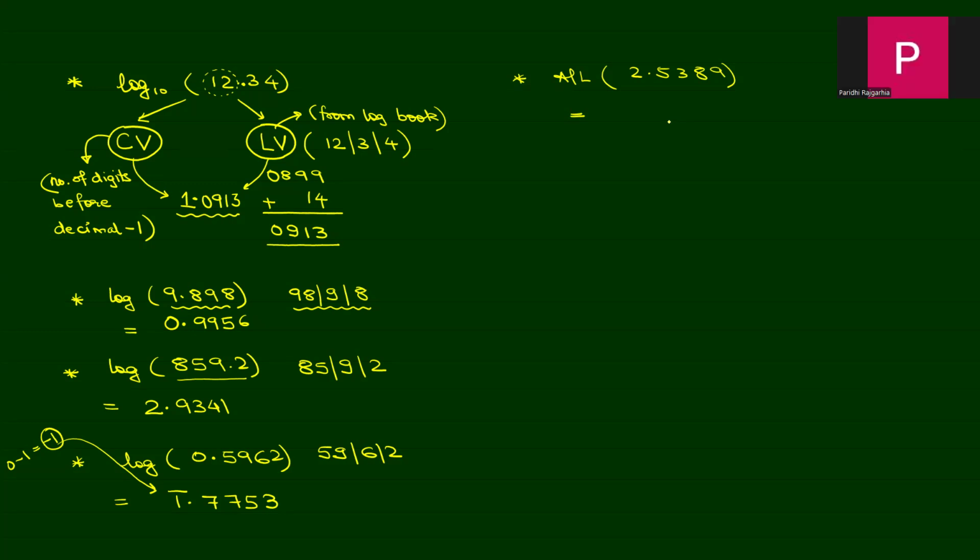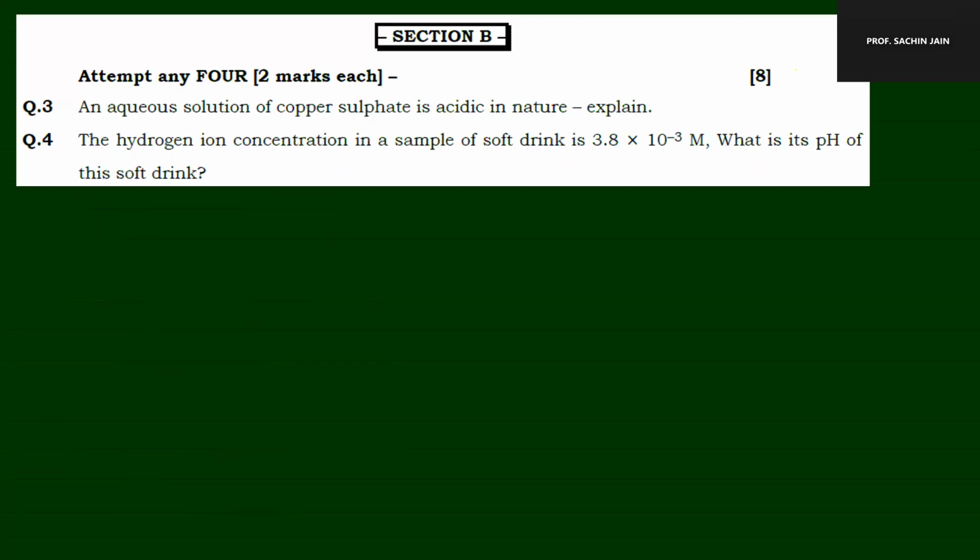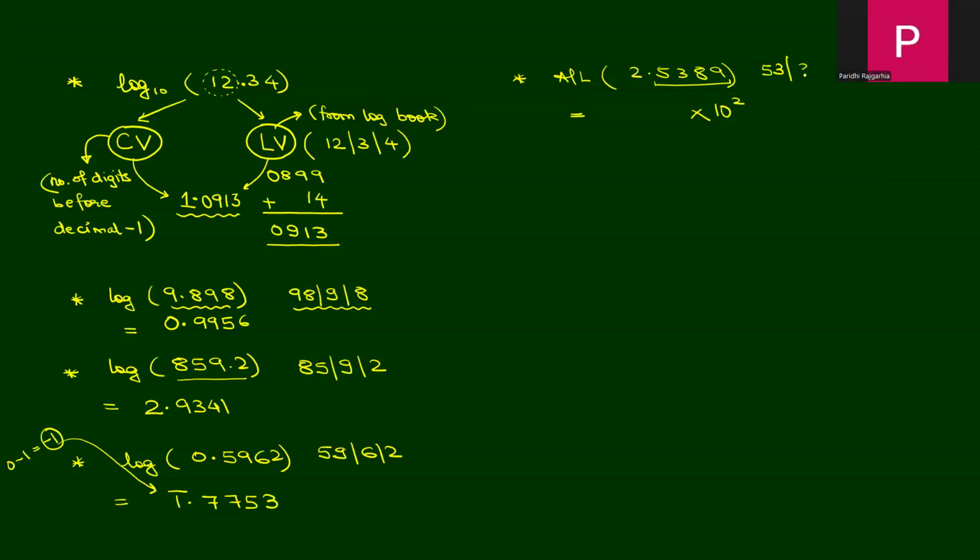Just do 10 raised to. So the number before the decimal is raised as the power of 10: 10 raised to 2. Forget about 2 because that is already taken care of in the 10 ka power. Now the 4-digit number is 5389. So again split it as 53 ka 8 ka 9.